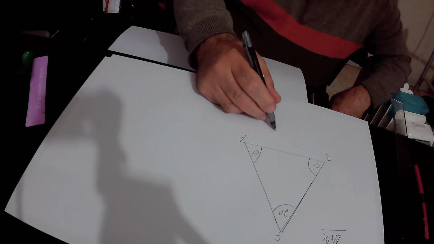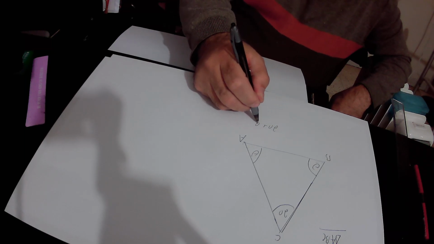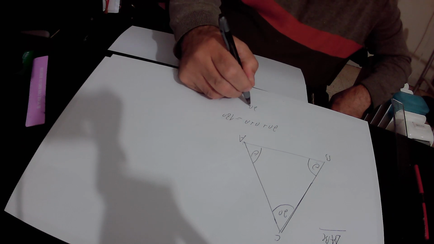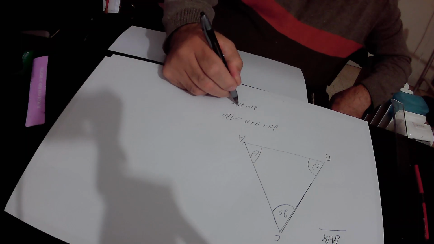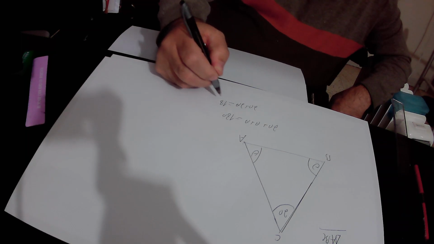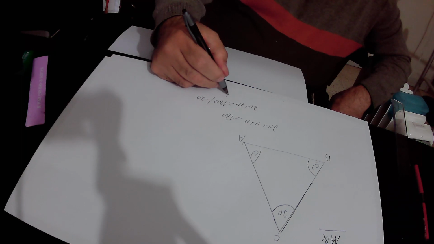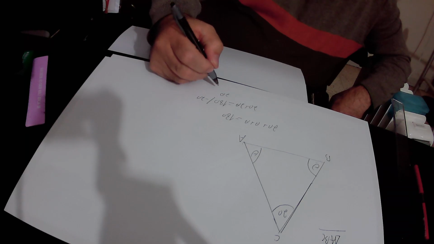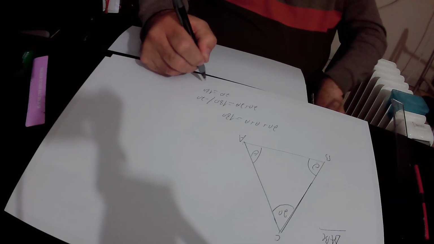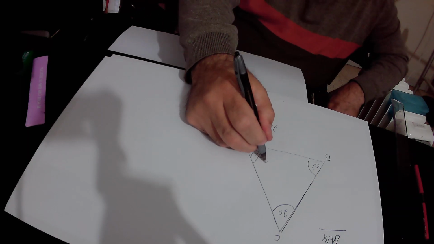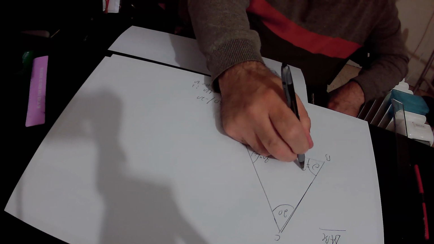That is to say 20 degrees plus 2 theta equals 180 degrees. We subtract 20 degrees from this equation, and finally we get that 2 theta equals 180 minus 20, which is 160. We divide this equation by 2, and finally we get that angle theta equals 160 over 2, which is 80 degrees. So angle theta equals 80 degrees.